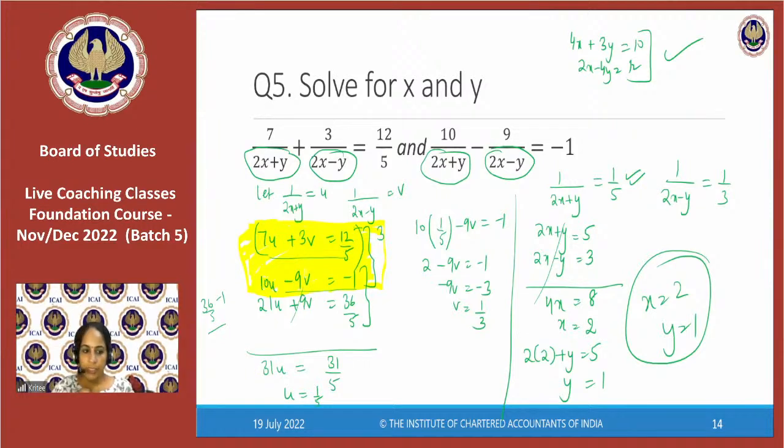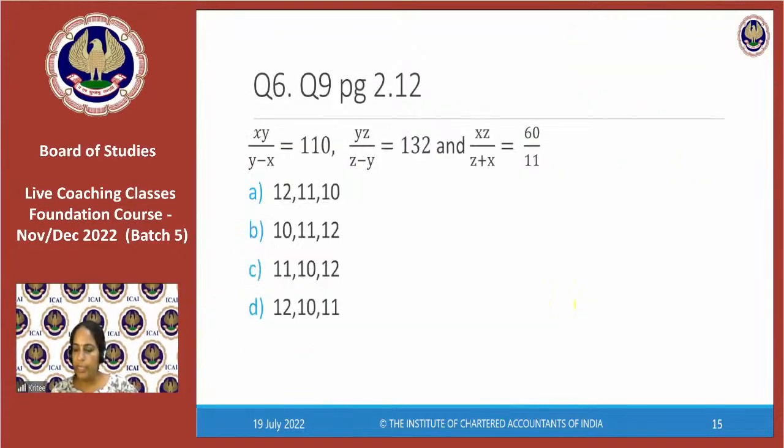I have eliminated by adding the two equations. I got the value for u. When I got the value for u, I substituted in any of the equations to get the value for v. So when I get the value of u and v, resubstitute it back for the original assumption, because you are not solving for u and v, you are solving for x and y. Okay. So solving for x and y, then again you get two equations, then again you solve it and you get the value of x and y. It was like this.